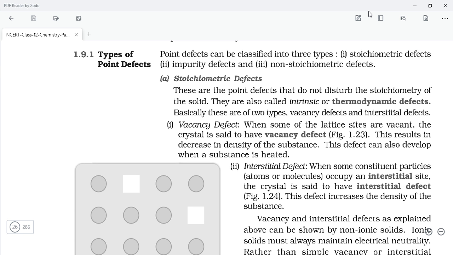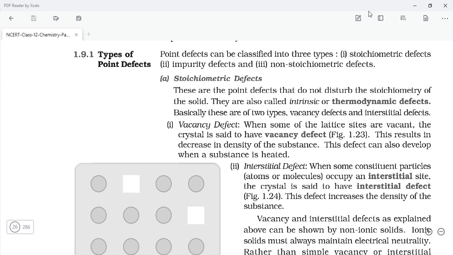So we need to keep in mind that we are comparing the density with respect to the vacancy defect lattice rather than the initial, symmetric lattice that we had been studying.